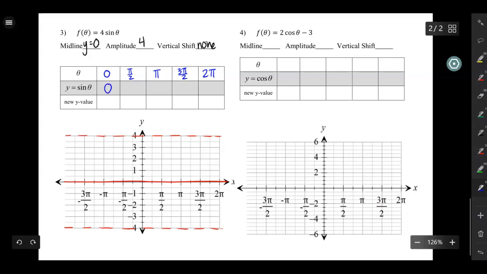My sine function goes from 0 to 1 to 0 to -1 to 0. And here let's talk about what we're going to do to our y values. When we shift things up and down, we just add a number to our y value. When we change the amplitude, we multiply by whatever the amplitude is. So I'm going to multiply all of my y values by 4 because that's the amplitude.